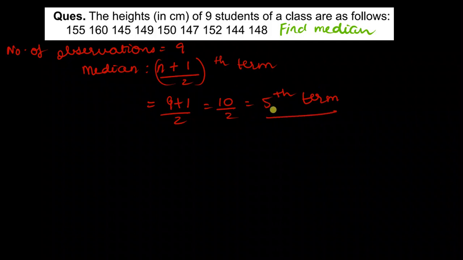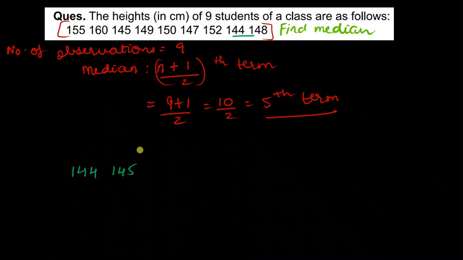So we understood that the number of observations is 9 and we found the median position, but can we just directly apply it here? Absolutely not. In the beginning we were supposed to arrange it in ascending order, right? Let's see how to do it.